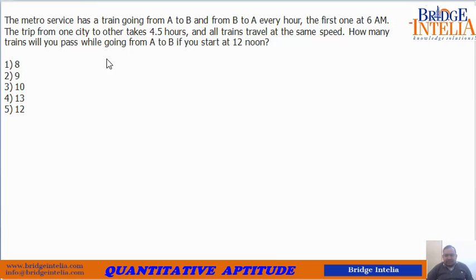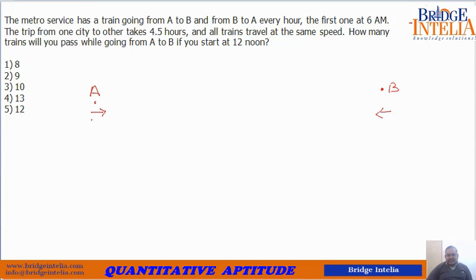Now understand what scenario is being created in this question. Two stations are there, A and B. Every hour one train leaves this station, and at the same time every hour one train leaves the other station.